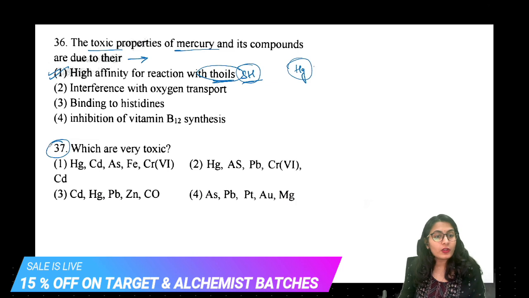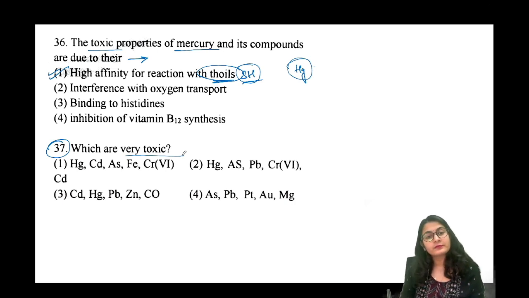And out of all of these, which are very, very toxic for our system? Mercury, cadmium, arsenic, alright. Iron is not toxic. It is essential element. But essential है but trace है. ठीक है.